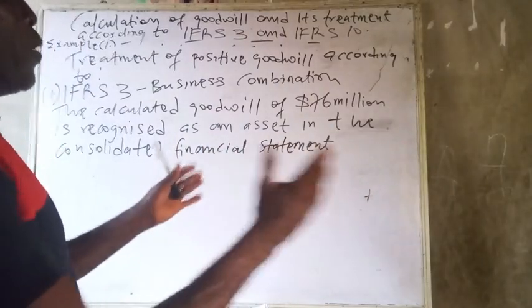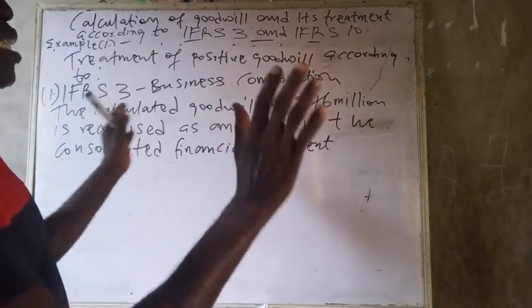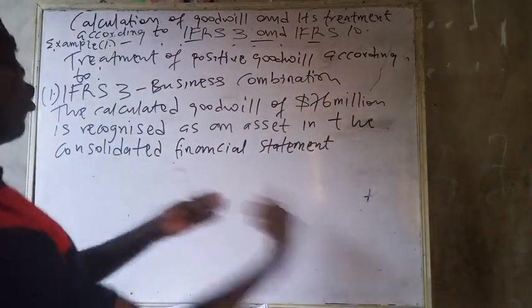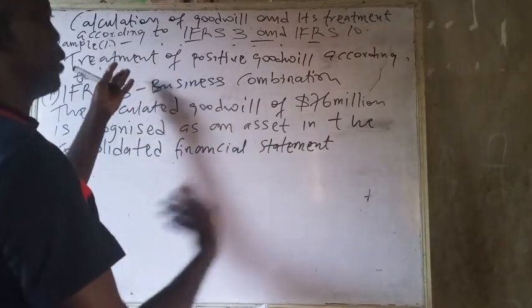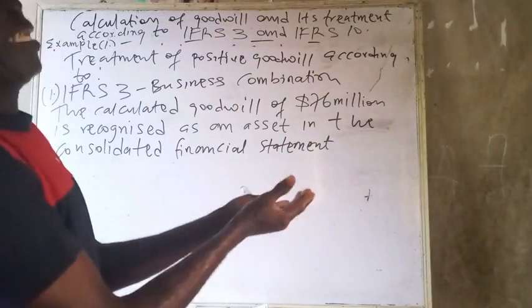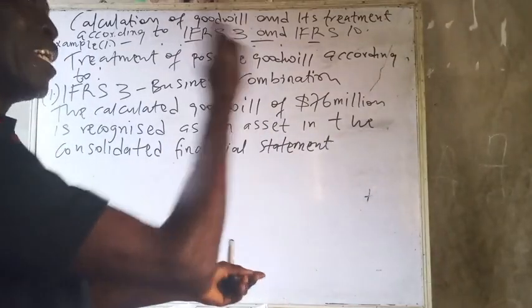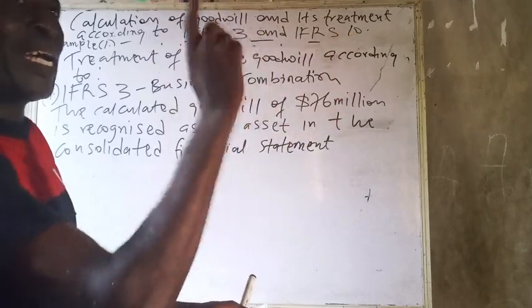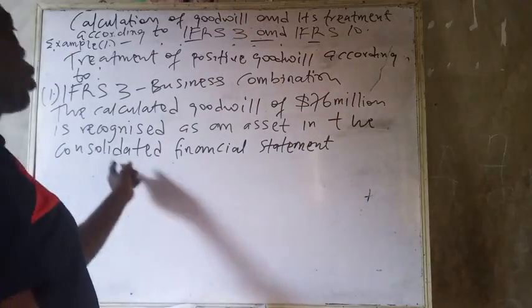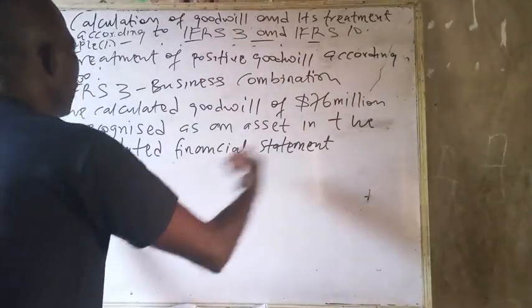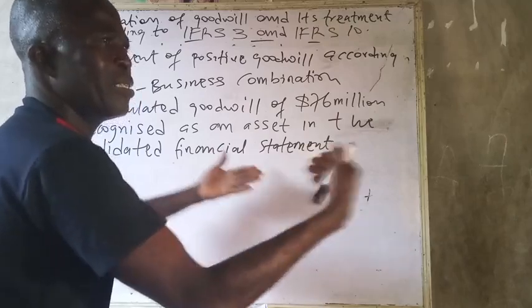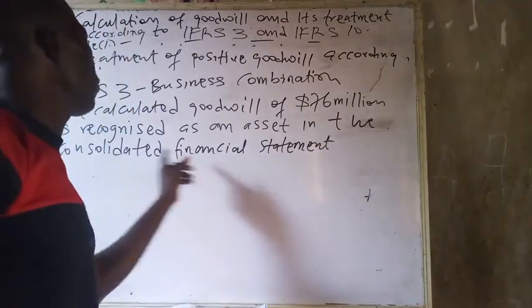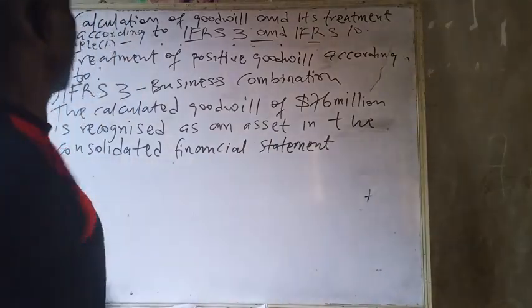So separate companies have their own financial statements. But when the parent company acquired the subsidiary company, they have combined, so they have to present a single financial statement. That's what we call consolidated financial statement. They have consolidated the two separate financial statements into one.